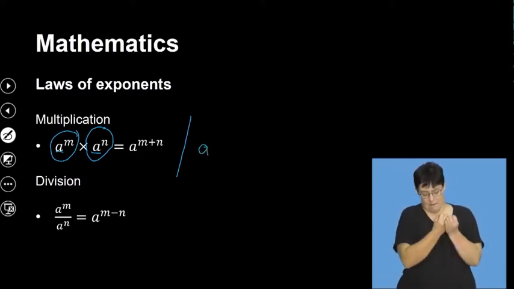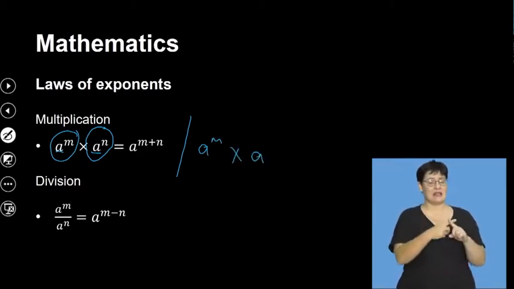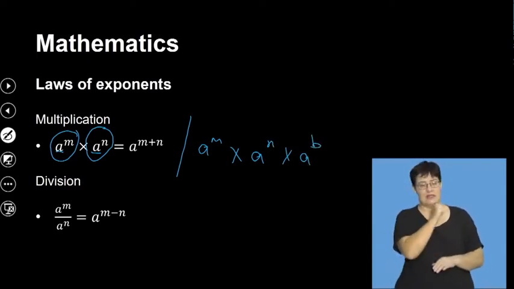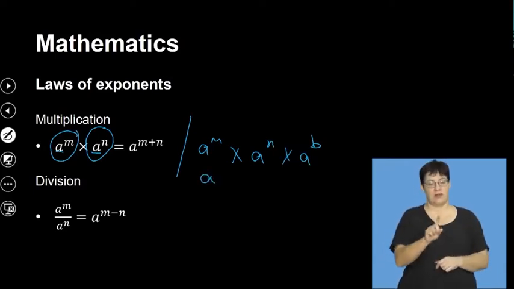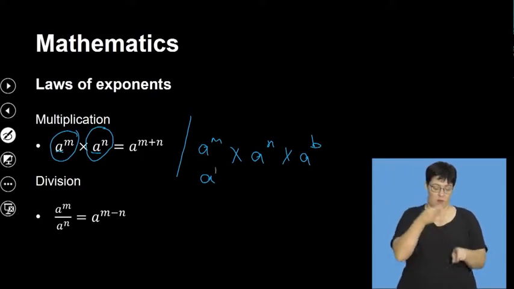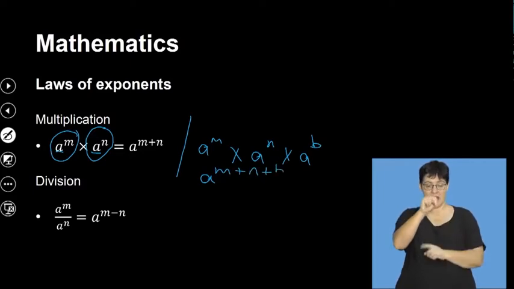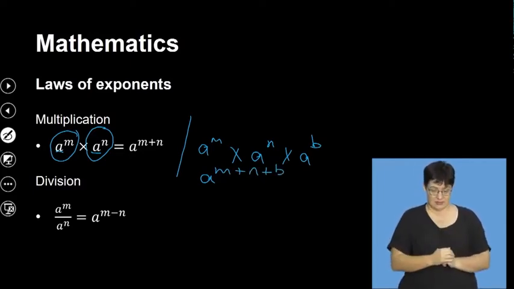No matter how many bases you have, if it's a to the m multiplied by a to the n multiplied by a to the b, like this, as long as they are all the same, you will maintain one base and then add all the exponents of all the bases that you have. This will therefore be a to the m plus n plus b. And that's the first law that has to do with multiplication.